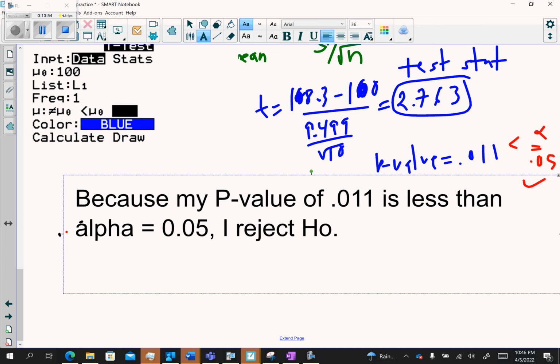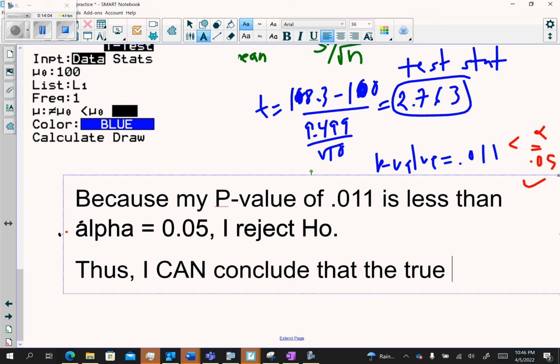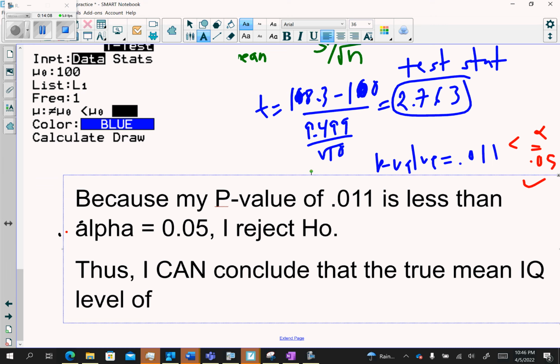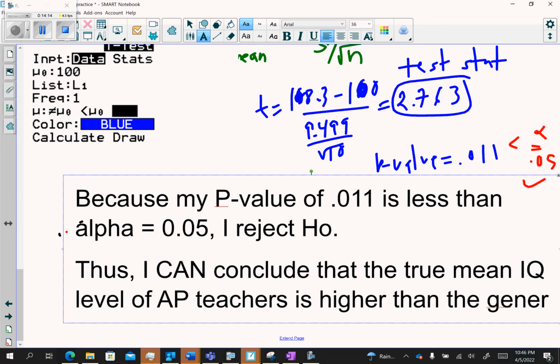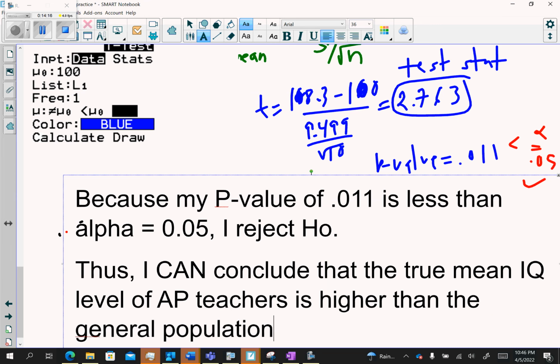So that's my decision. And then I say, thus, I can conclude, indeed, that the true mean IQ level of AP teachers is higher than the general population. Nice. That's good news, right?